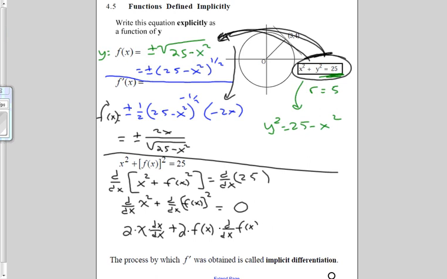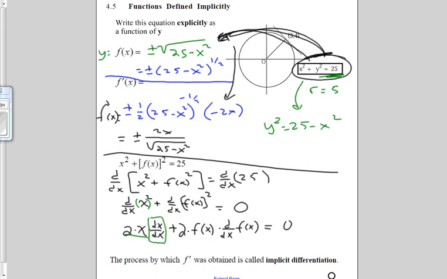And this here is the big step that we just did. What we need to be careful about is that we use the chain rule in both of these cases. When we took the derivative of something squared, it became 2x, and then times the derivative of that something, dx over dx. Well, this is just going to be 1.